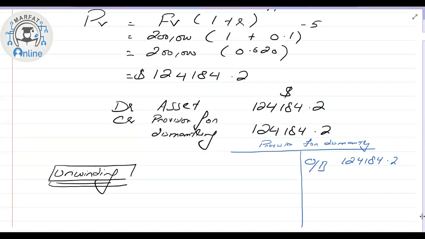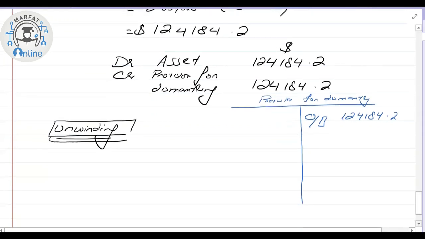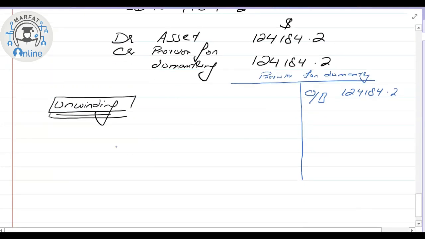We cannot keep this 124,184.2 throughout 5 years because ultimately we have to pay 2 lakhs. So every year, systematically, we are going to increase this liability by the same percentage we have used for discounting.